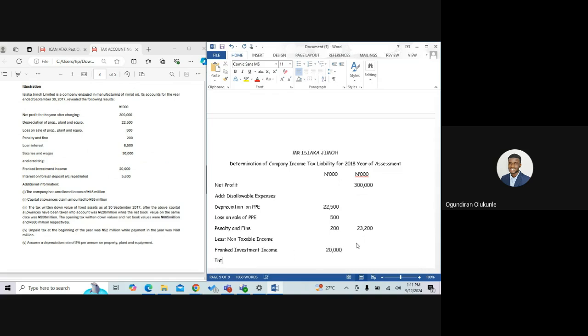Then we have interest on loan repatriated. How much is it? 500. 600. So when you do that, what do you have in total?